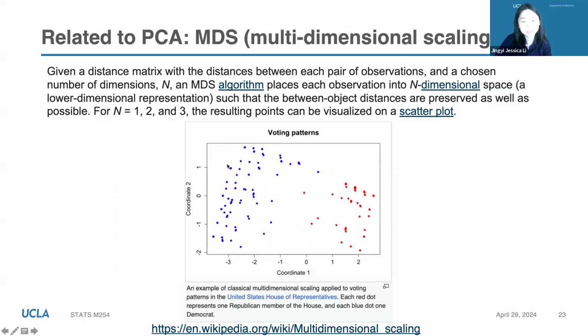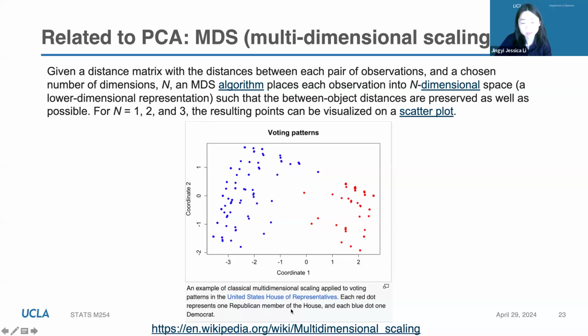So the hope is that for each observation, we want to find a two-dimensional embedding so that the pairwise Euclidean distances the observations have in 2 dimensions would resemble what we input, the N by N distance matrix.